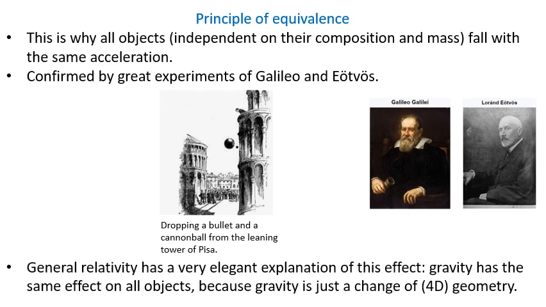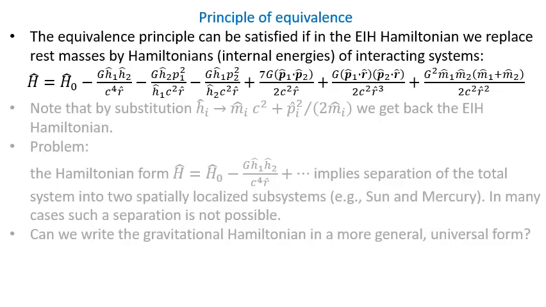All these properties have very elegant explanation in general relativity, because in this theory gravity is not a force, but a change of geometry. So it's not a surprise that in general relativity, gravity has the same effect on all forms of energy. Returning to the quantum Wigner-Dirac approach, if we admit that the source of gravitational field is not mass but energy, then it would make sense to rewrite the Einstein-Infeld-Hoffmann Hamiltonian using Hamiltonians of the two interacting subsystems rather than their mass operators.